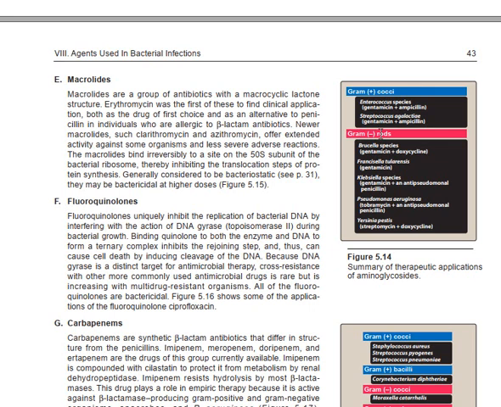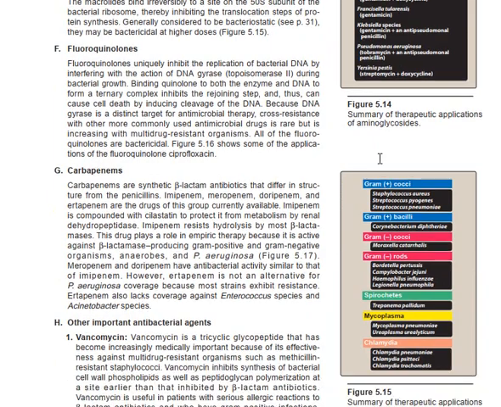In the case of gram-negative rods, you can use gentamicin and doxycycline for Brucella species. For Francisella tularensis, you use gentamicin. Then Klebsiella species, Yersinia pestis, and Pseudomonas aeruginosa. So all these are the microorganisms you can use them against.